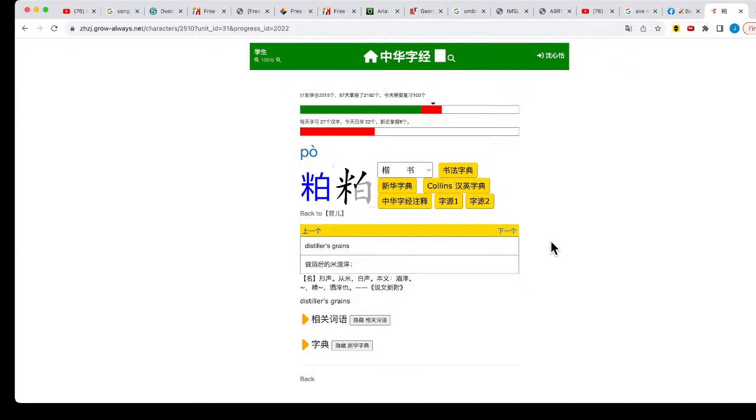But in China, the wines are usually made out of wheat, rice, millet, that kind of thing. So made out of crops, and finally you distill it and you get the wine, but then there are leftover things. Those things are called po.